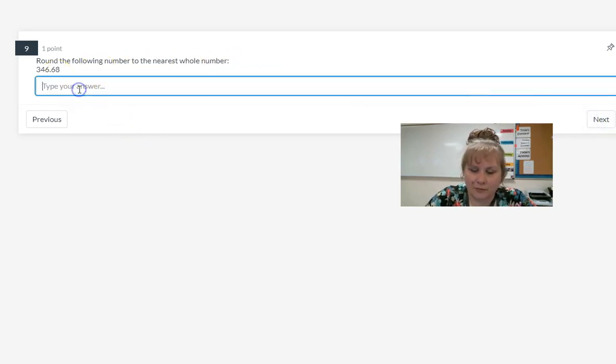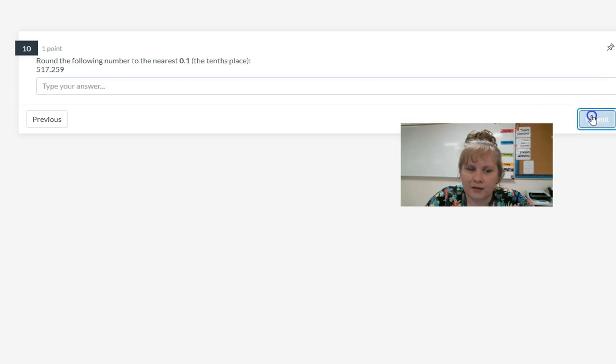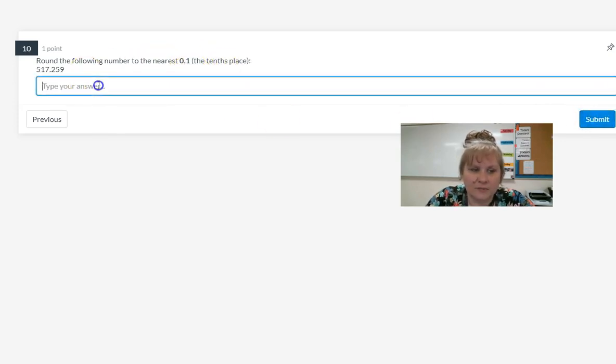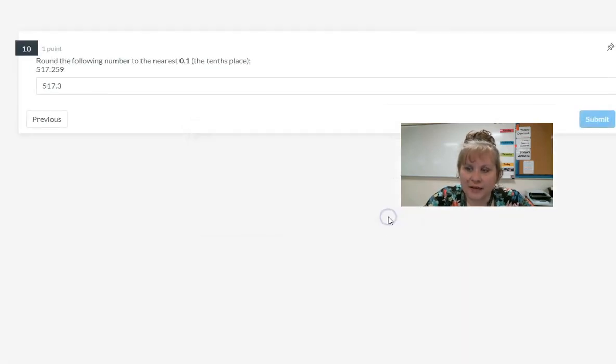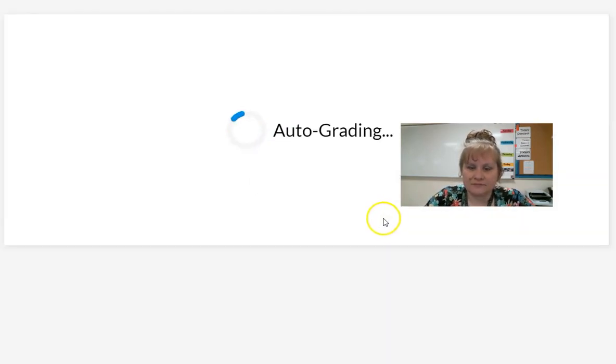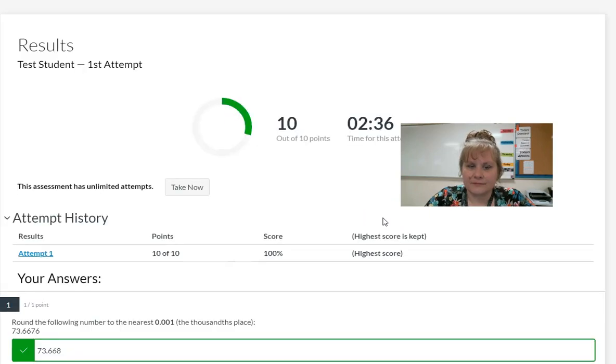Round to the nearest whole number, 3, 4, and this is going to round up to a 7. Next question, to the nearest 0.1, the tenth place, 517.3. And that's it. I'm going to submit my answers. And I got 10 out of 10 points.